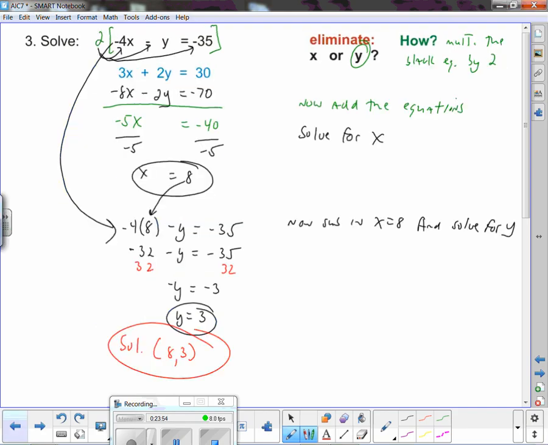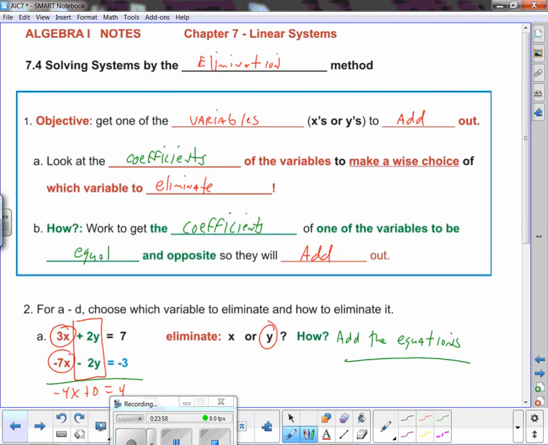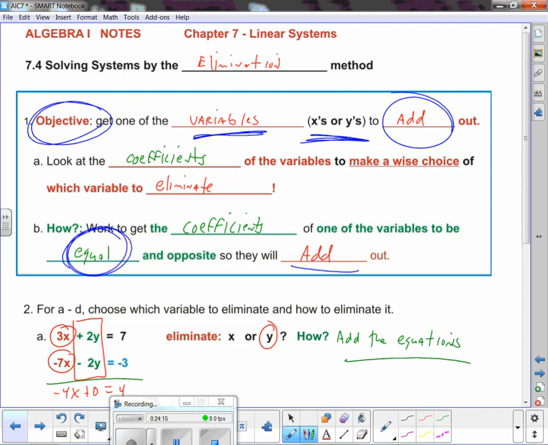So let me go back and recap for you here just briefly. All right, so remember, solving by elimination. Remember your objective. Get one of the variables, your choice, x's or y's, to add out. How can you do that? Get the coefficients to be equal and opposite.